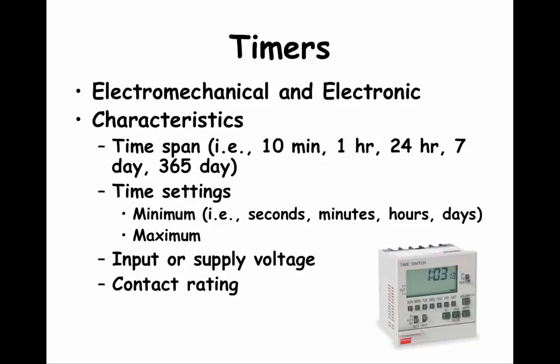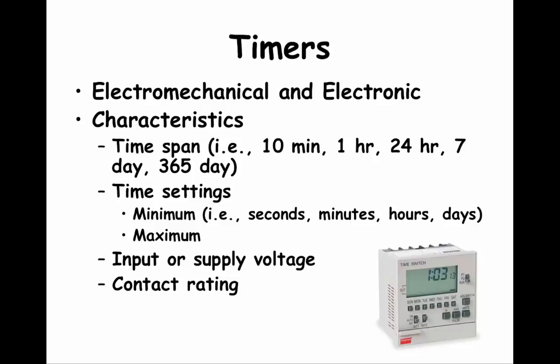There are timers that are used to turn on coffee makers in the morning so that coffee is ready when a person gets up. The only information used to control something is time. Timers can be operated over different time spans, ranging from, say, 10 minutes to 24 hours, 7 days that make up a week, or 365 that make up a year. If you have a programmable thermostat that has different temperature settings for weekends and weekdays, that is a timer based on a 7-day time span.